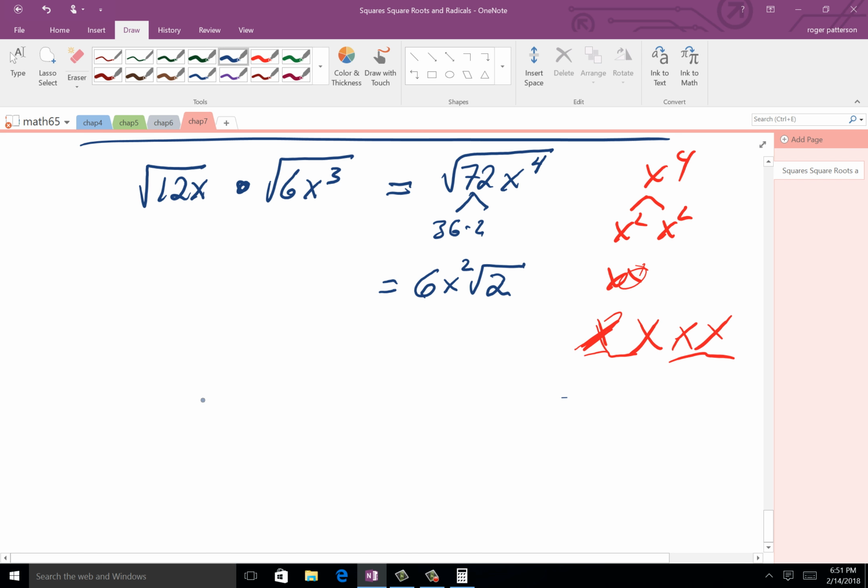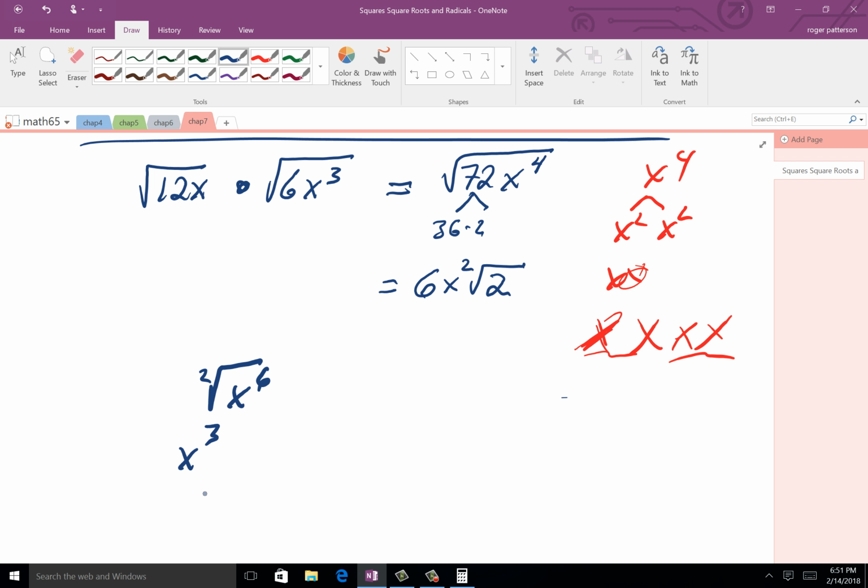What if we had the square root of x to the 6th? That's even, right? I got a 2 out here. That's my square root. So 2 goes into 6 3 times. So I get x to the 3rd with nothing left over.